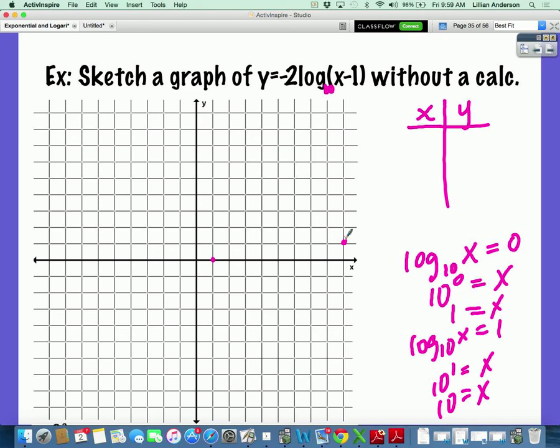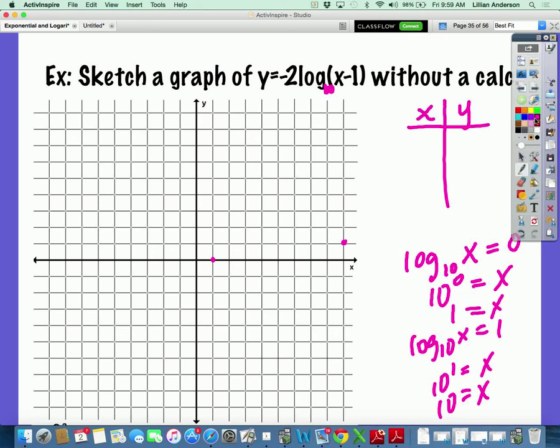Okay? So, because it doesn't shoot up and off, very thin. So let's take our points. 1, 0. What needs to happen to it? Stretched by 2.